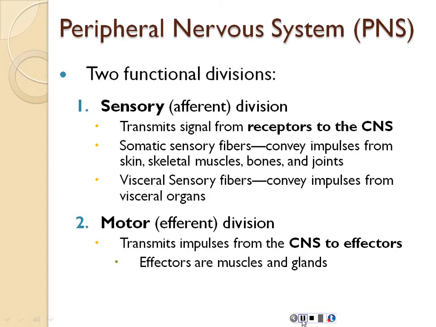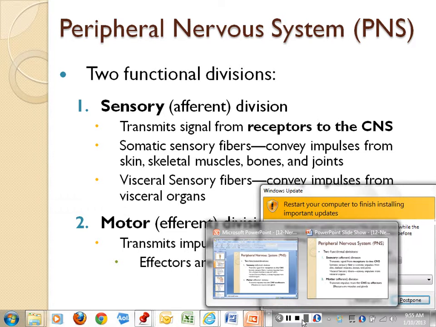Sensory. Notice I didn't say exactly what's up there. Students are quick to say, well, you worded it differently. But you know what part of the nervous system the spinal cord is part of. So the sensory division transmits signals from receptors to the CNS, and motor from the CNS to an effector.